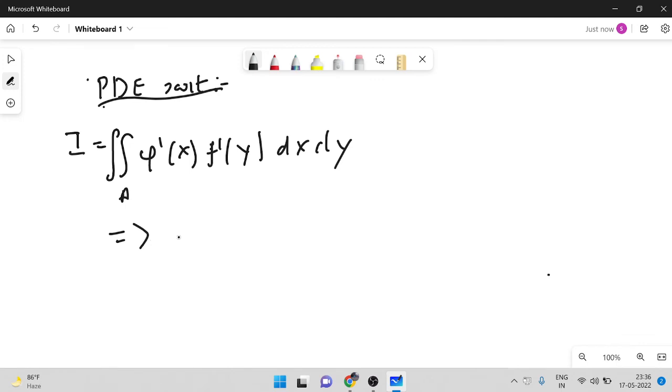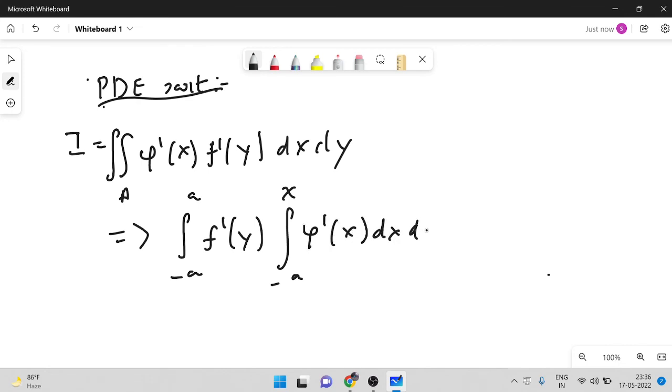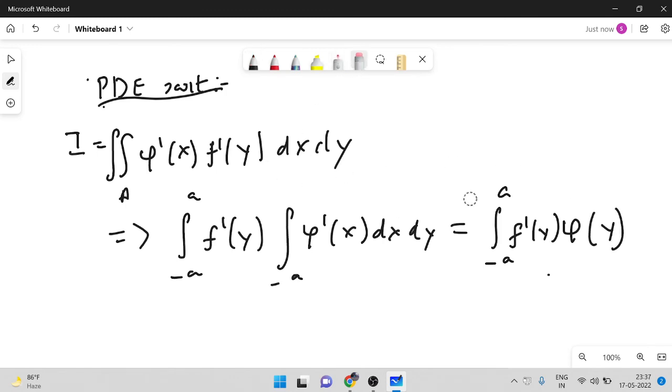The first integral that we get is the integral from minus a to a of f dash of y times the integral from minus a to x of phi dash of x dx, dy, which is equal to the integral from minus a to a of f dash of y into phi of x. Phi is compact on minus a to a, so we get this to be phi of y. Sorry, this is y dy. So this is our first integral.